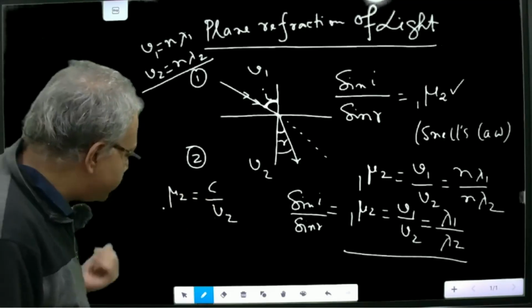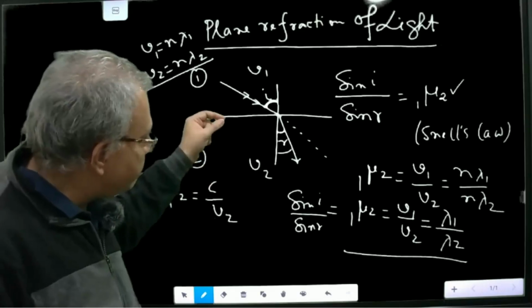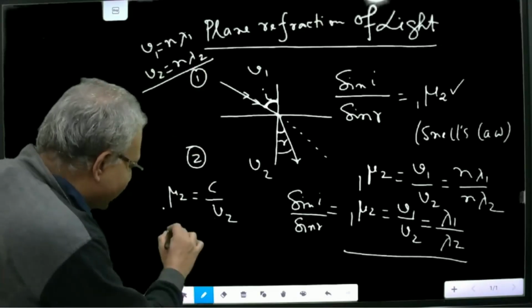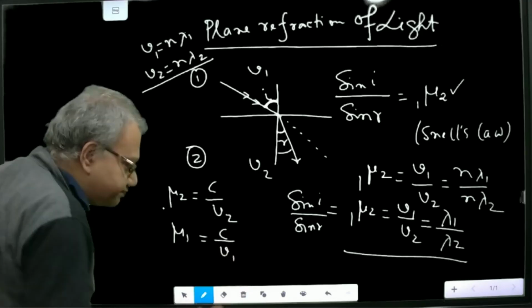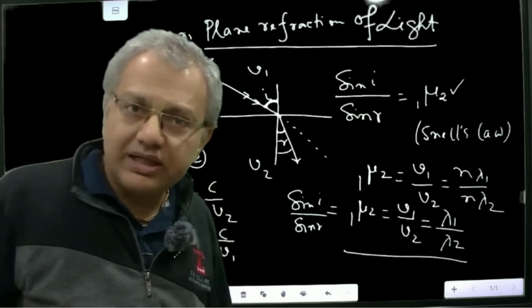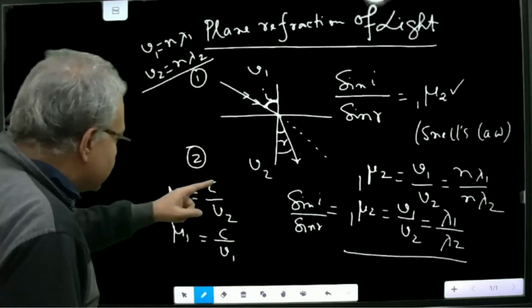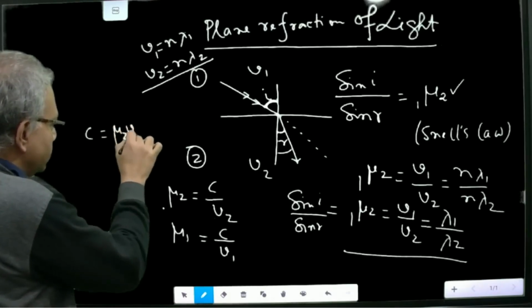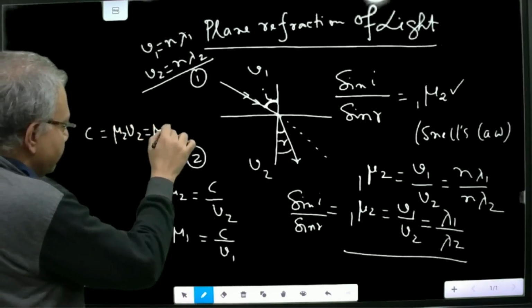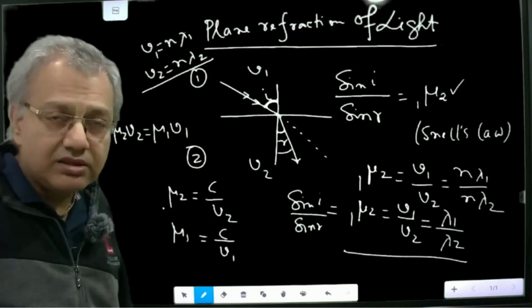So if I think about the absolute refractive index of medium 1, we can write mu1 is equal to C divided by V1. Simple. Then C is equal to mu2 V2, which is equal to mu1 V1. That's the process, isn't it?